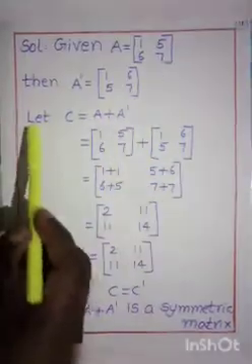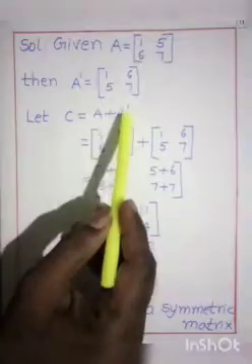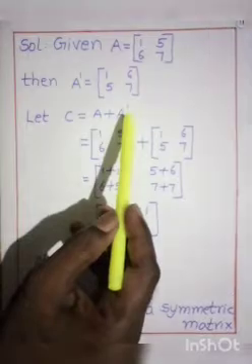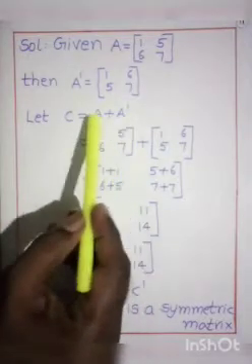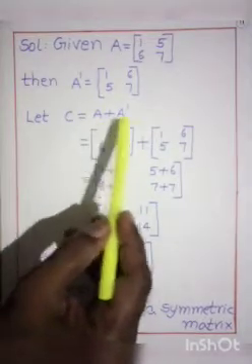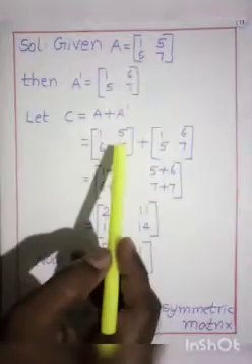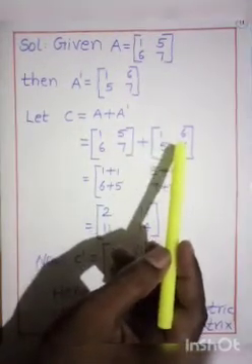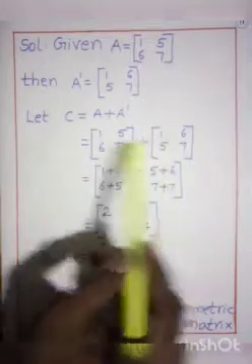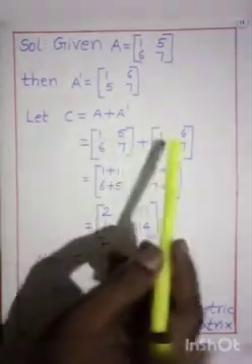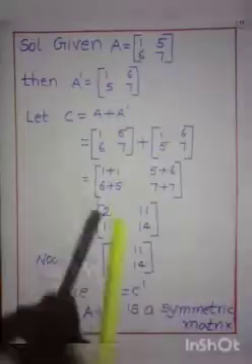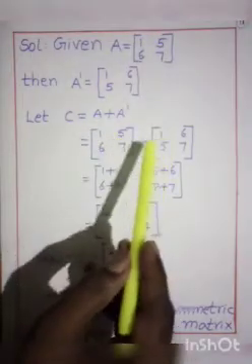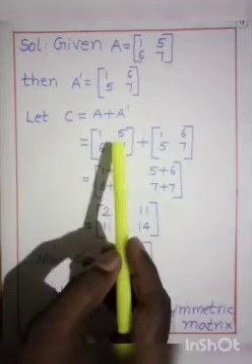Right. Now let C be equal to A plus A dash. We are finding the sum of the matrices A and A dash. So I wrote here matrix A plus matrix A dash. Now we are adding these two matrices. Adding two matrices means we have to add the corresponding elements.